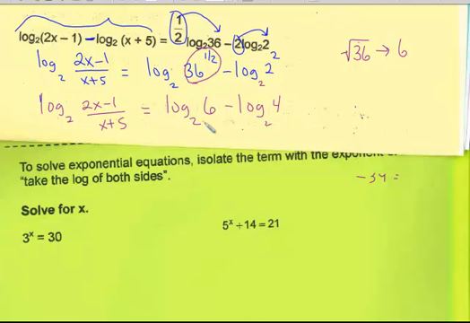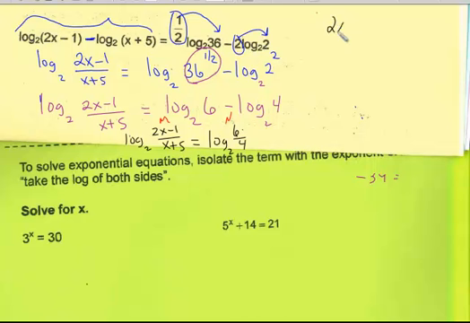Still need to condense the right-hand side, and we get log base 2 of 2x minus 1 over x plus 5 equals log base 2 of 6 divided by 4. Now we have our m and n, so we can set those equal to each other and solve. 2x minus 1 over x plus 5 equals 6 over 4.